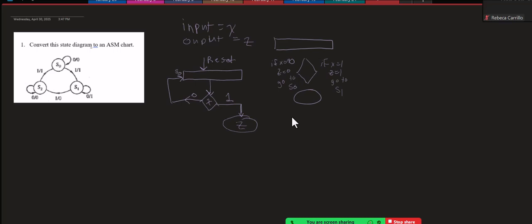Okay, so all right, I have that, and then this was if X equaled 1, then Z equaled 1, and we went to state S1.